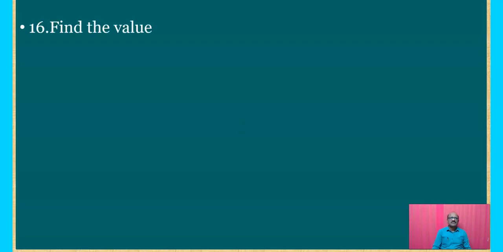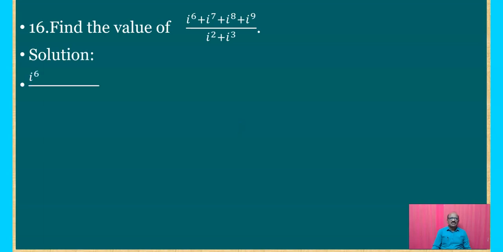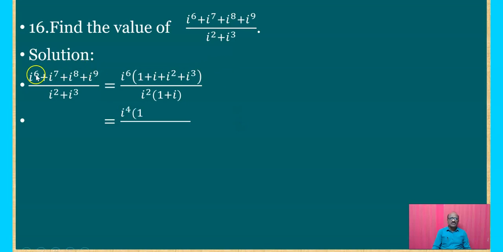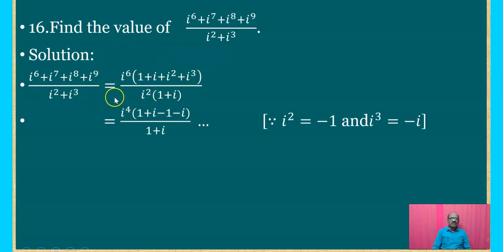Question number 16, it's again very simple. i raised to 6 plus i raised to 7 plus i raised to 8 plus i raised to 9 upon i squared plus i raised to 3. Take i raised to 6 common from the numerator. Then in bracket you will get 1 plus i plus i squared plus i cube, upon i squared bracket 1 plus i.